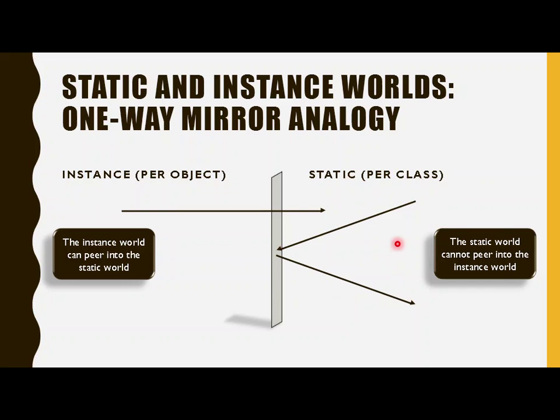Why? Because statics are per class and they have no idea that the instance world even exists, right? They have no way to know that instances were ever created and what they are and what they contain. Another analogy would be static is kind of the fact that humans have eyes, right? That's not a surprising fact. Humans have eyes, and so that is sort of a static property of the human race.